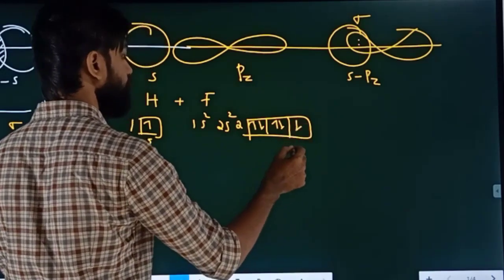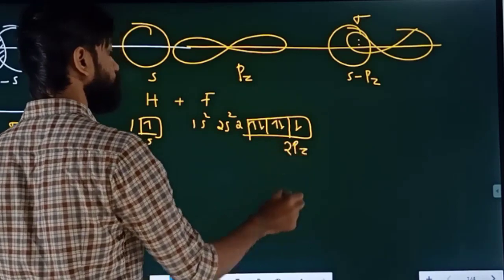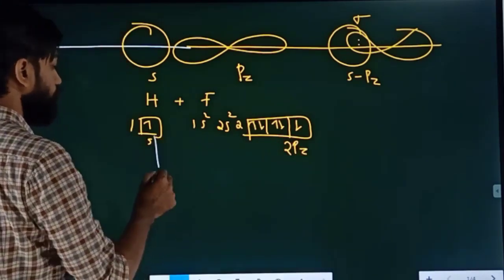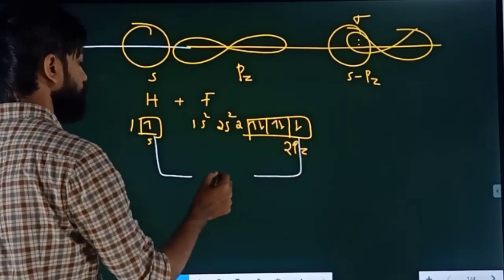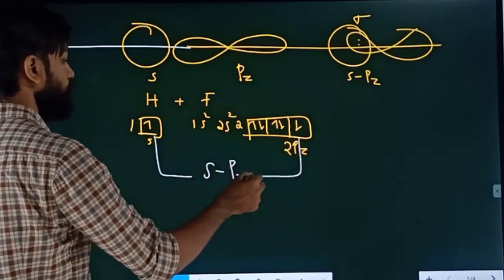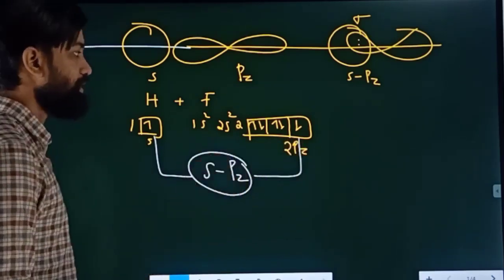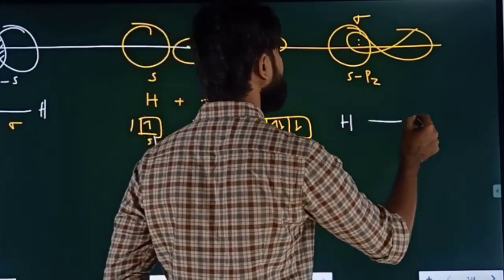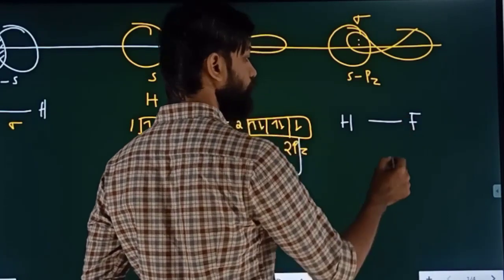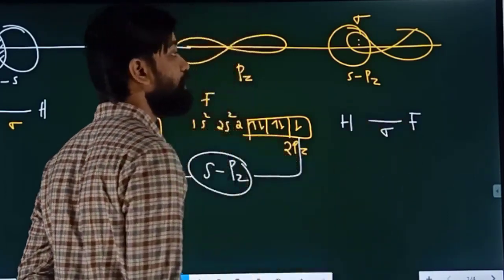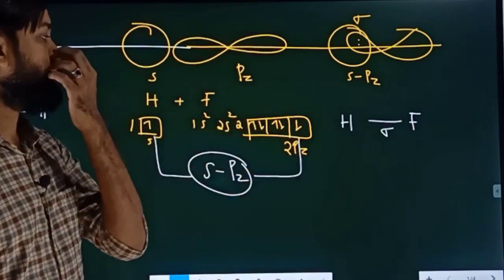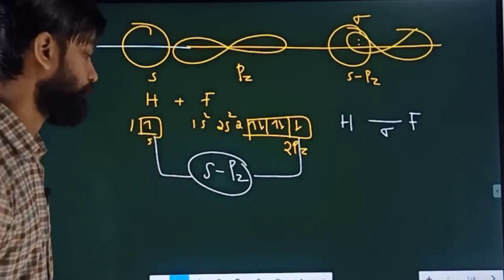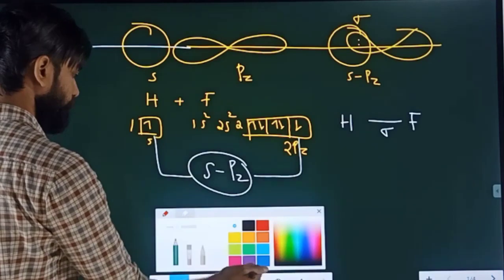If this electron is like this, there is a chance for the overlapping between these two, which is said to be SPZ overlapping. From that overlapping, there is a chance for the formation of a single bond, and that bond should be a sigma bond, because the single bond between H and F is between S and PZ. Okay, ready?